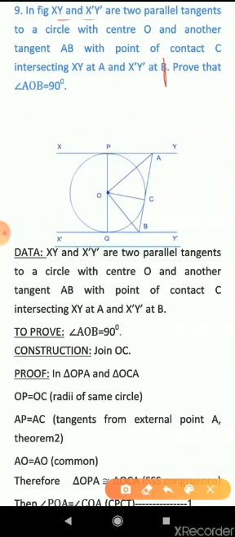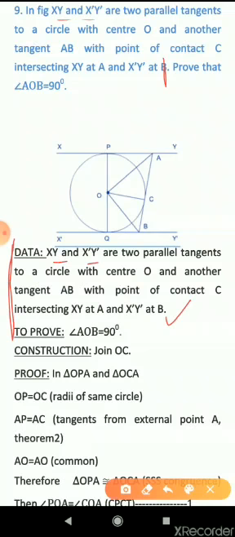If you copy the same thing, it is the data, and you will get half a mark. What is the data? XY and X dash Y dash are two parallel tangents to a circle with center O, and another tangent AB with point of contact C, intersecting XY at A and X dash Y dash at B. And write: to prove, angle AOB is equal to 90 degrees. These both are in the question only. If you write these two, you will get 1 mark easily.